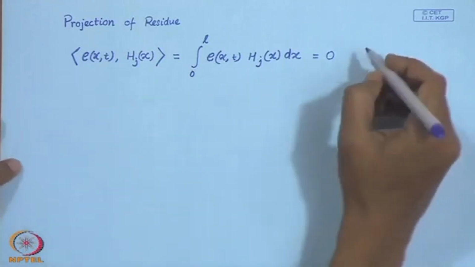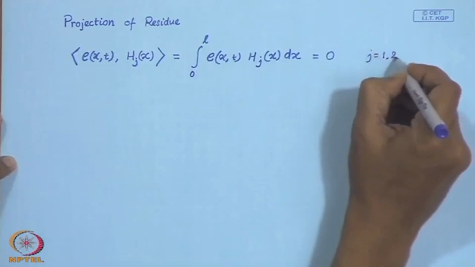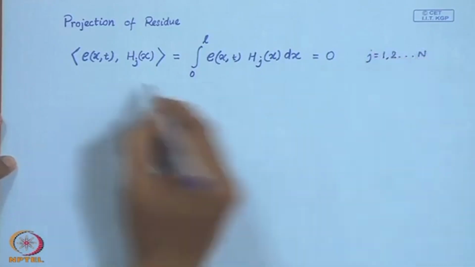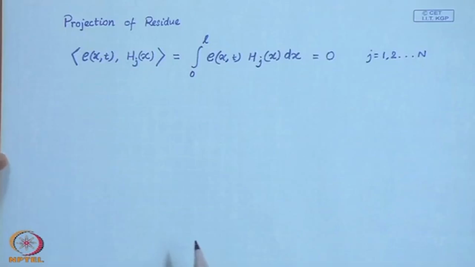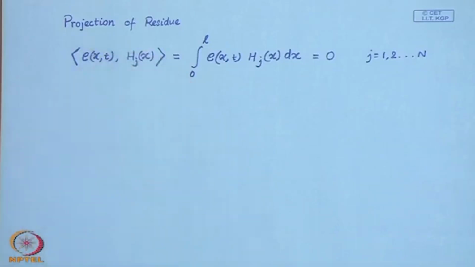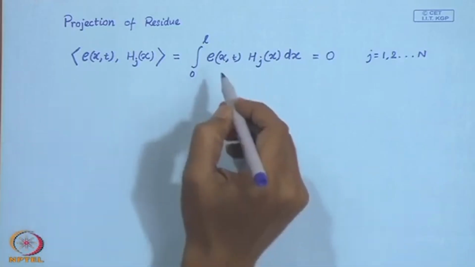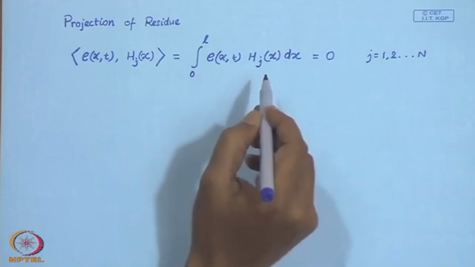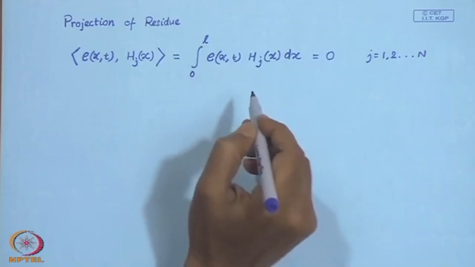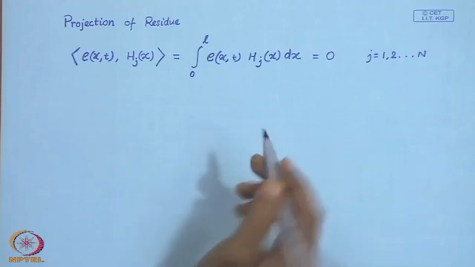We can take n such functions, suitably chosen, to generate n equations, and thereby attempt to solve for the n unknowns p k in the expansion, the temporal functions.